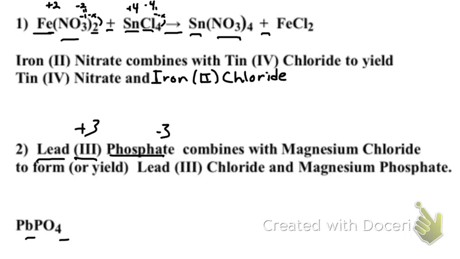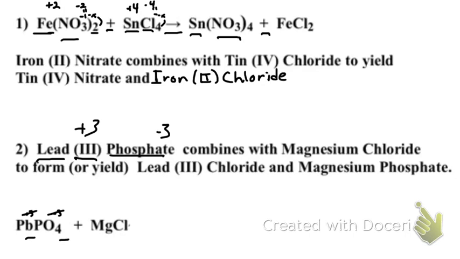Alright, next it combines with magnesium chloride. So, combines with magnesium chloride. Now, in order to balance this, we have to figure out the charge on each of these. So here we knew that lead was +3 because it told us in the problem. We knew that phosphate was -3, so we knew that they canceled each other out nicely.